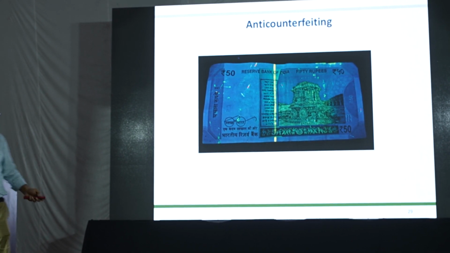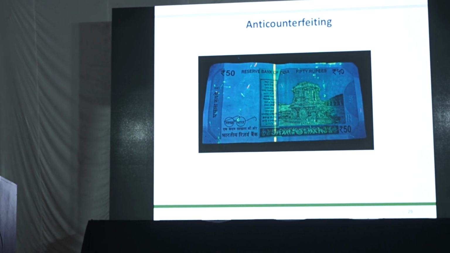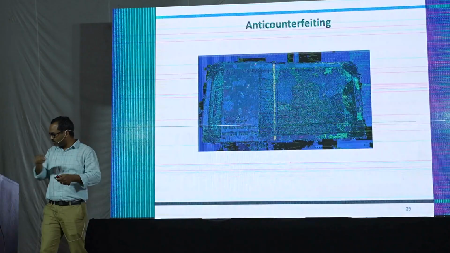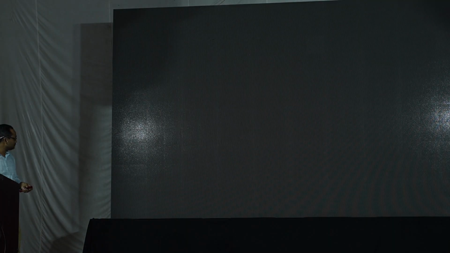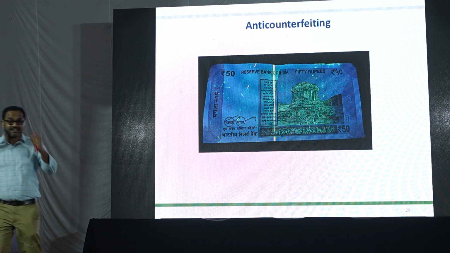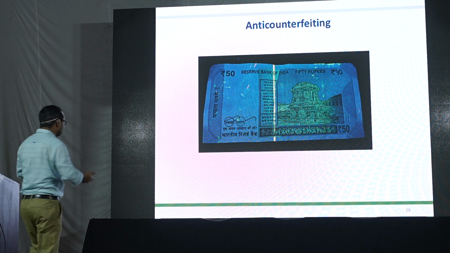But these fluorescent features are made up of chromophores which are readily available in the market. So any person who is not educated can easily buy these. They are very clever. They can buy these molecules, print them, and do all this business.